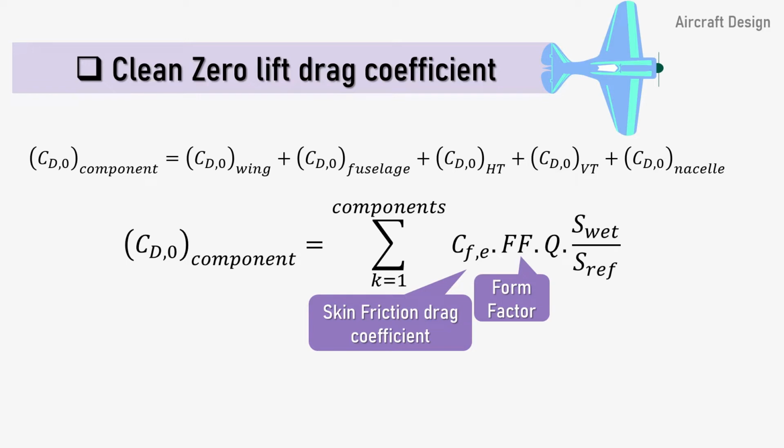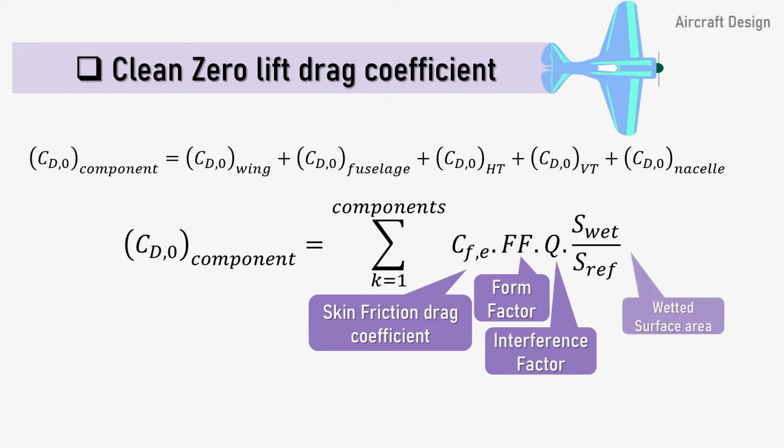FF is the form factor which takes into account the pressure drag of each component. Q refers to the interference factor which takes into account the interference drag. Now S wet and S reference.